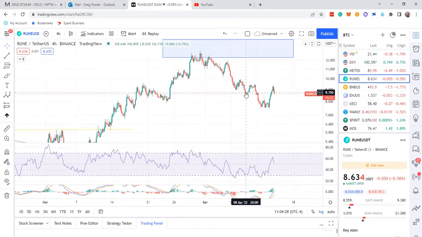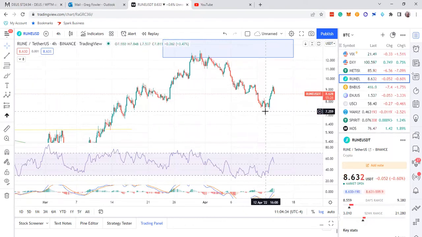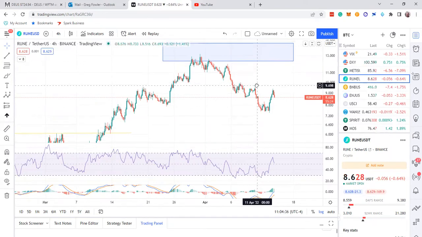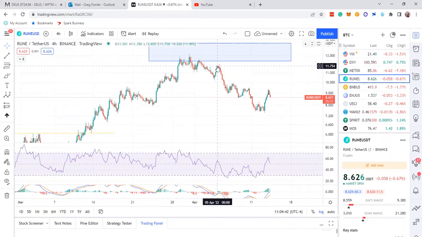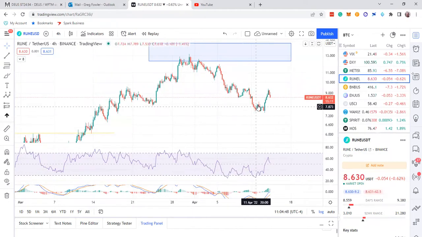Four. And very strange. So okay, 1, 2. This would be your 3, 4. And 1, 2, 3, 4, 5. Extended fifth wave is what I'm going to guess. So right now, this is what I come up with.